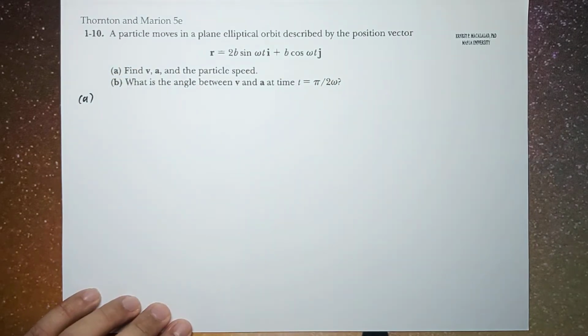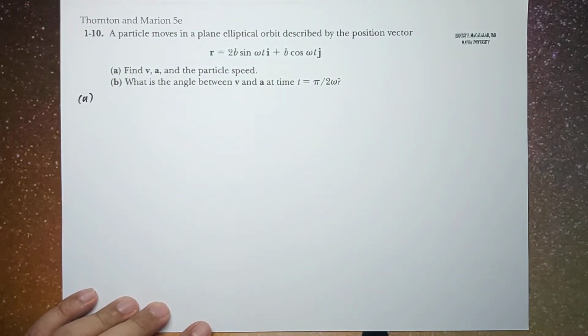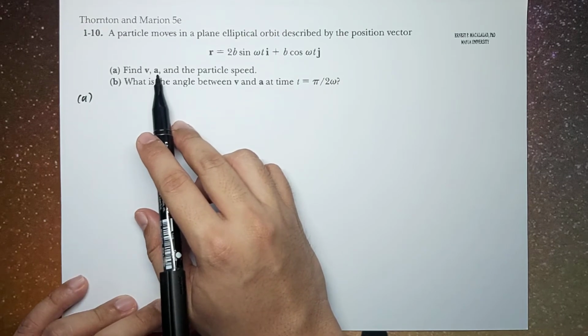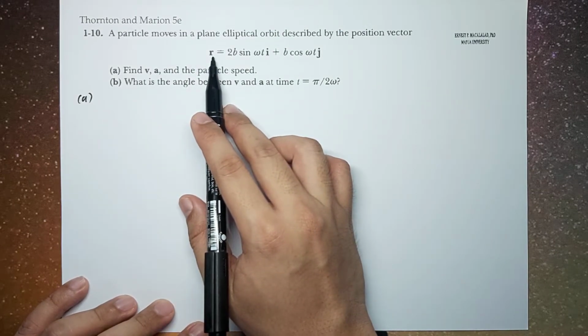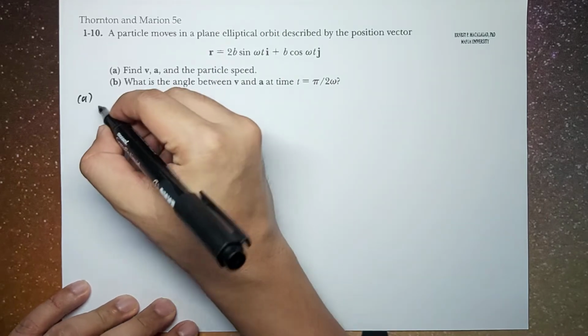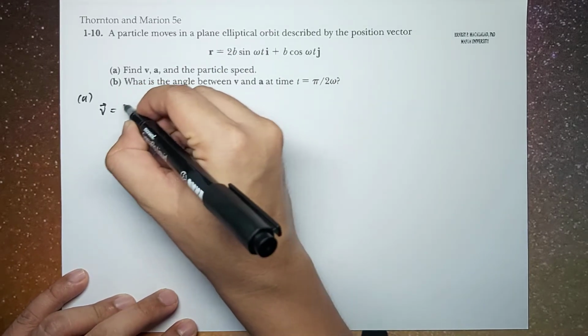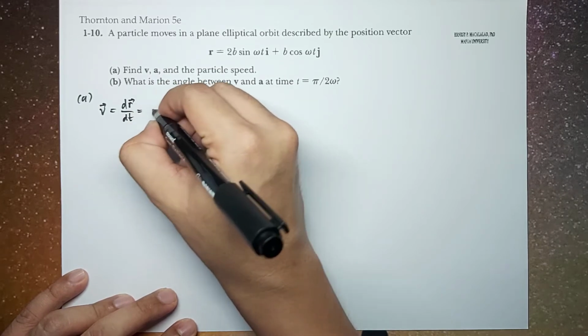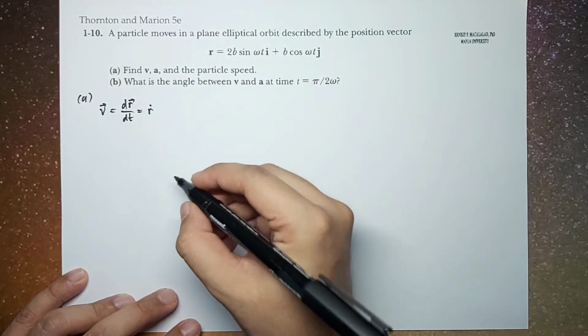So this is a very simple problem. In order to get the velocity and acceleration vectors, we just differentiate r with respect to time. So the velocity vector will just be the derivative of r with respect to time, or simply r dot.